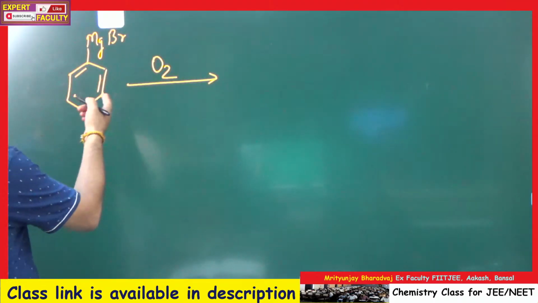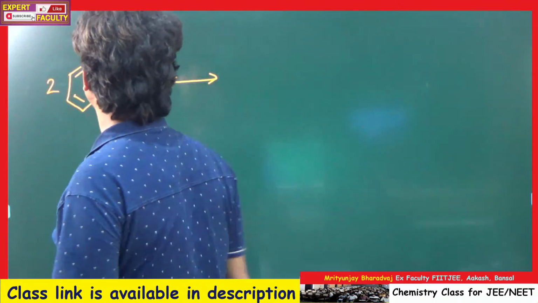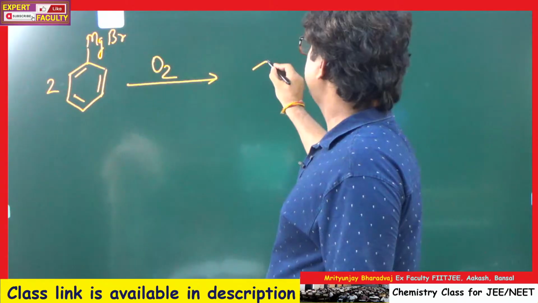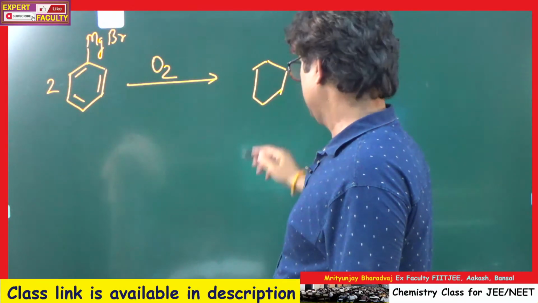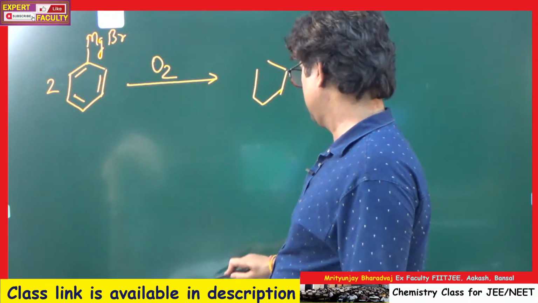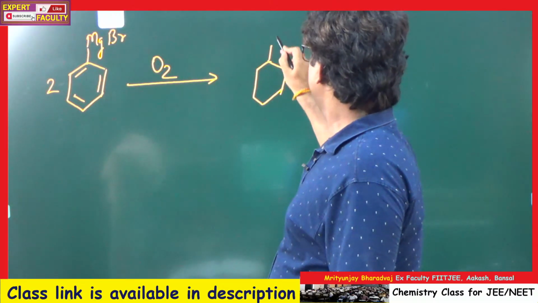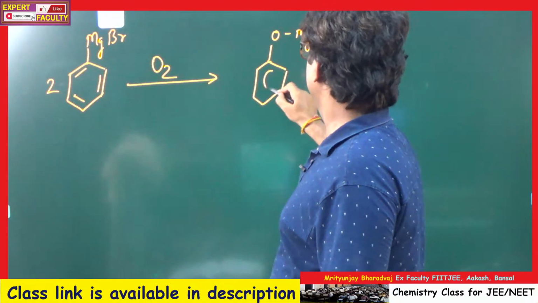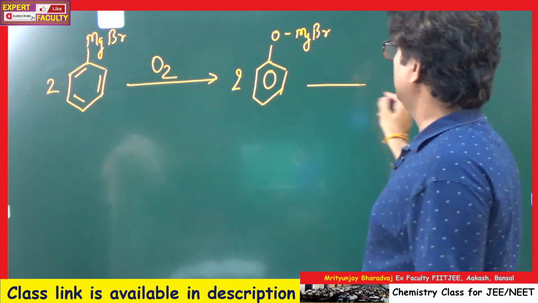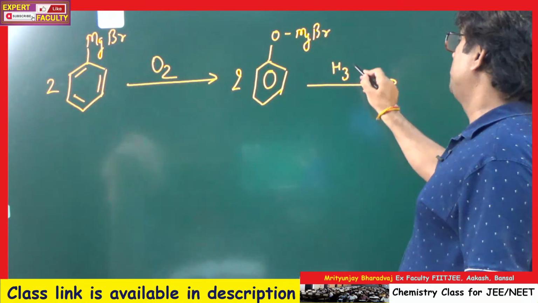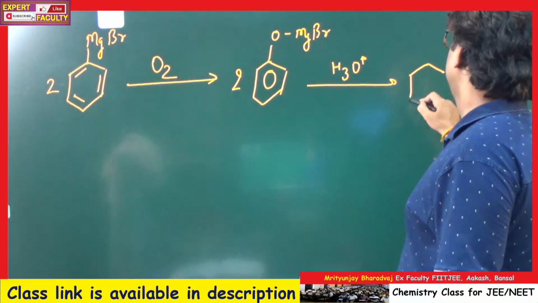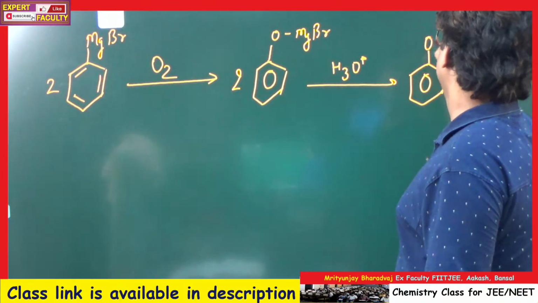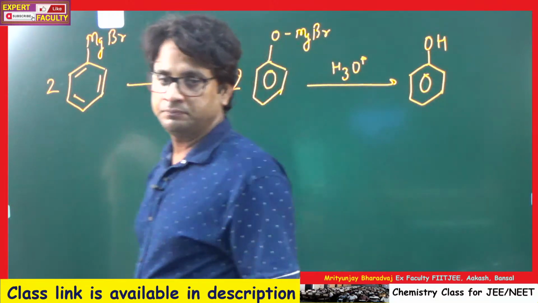So O2 has 2 oxygens. We can take 2 molecules of Grignard. After reacting with Grignard, it will be OMgBr. Okay. Now we will take H3O plus. It will become phenol. Understood?